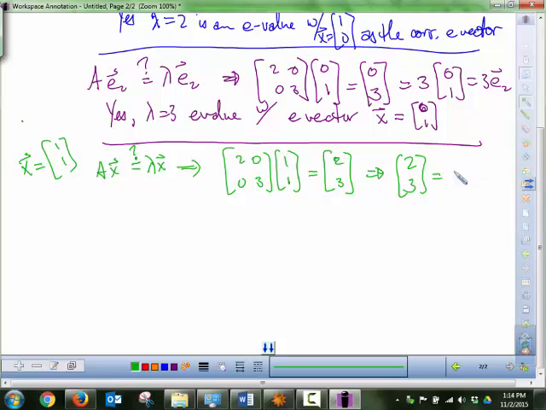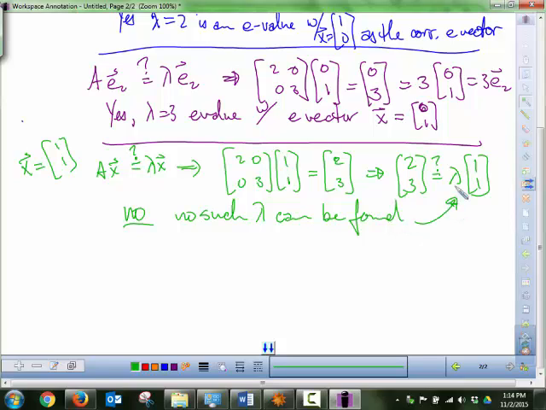Can I make that equal to some lambda times 1, 1? Are they scalar multiples of each other? So no such lambda can be found to make that work. So 1, 1 is not an e-vector.